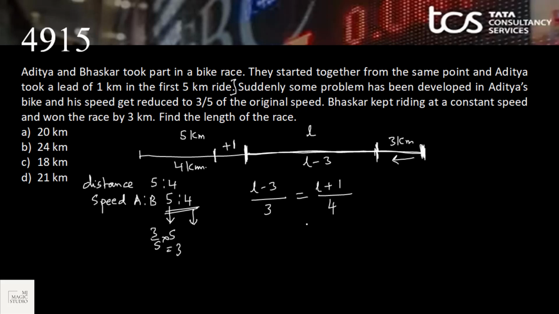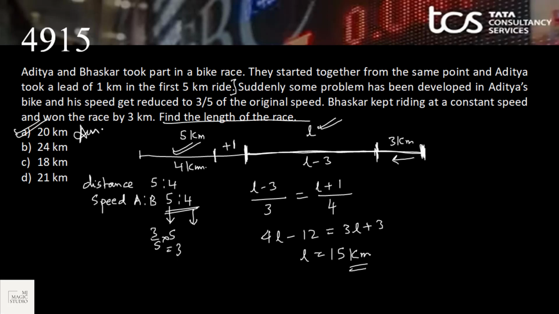If we compare the times, we can get the value of L. 4L minus 12 equals 3L plus 3. L is equal to 3 plus 12, that is 15 kilometers. The question is, what is the length of the race? The length of the race is L plus 5, that is 20 kilometers.